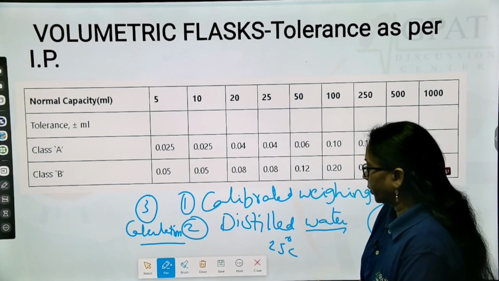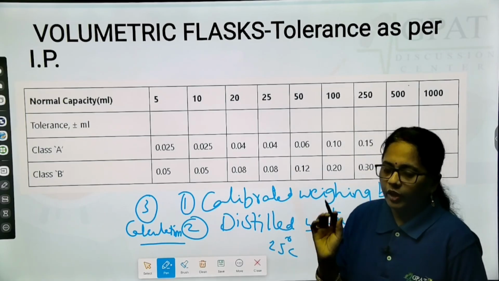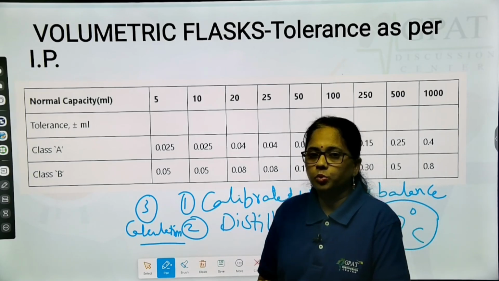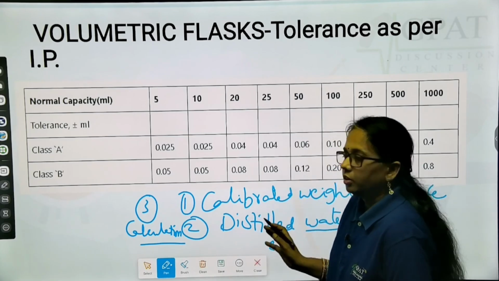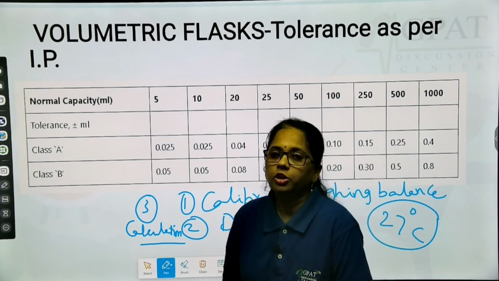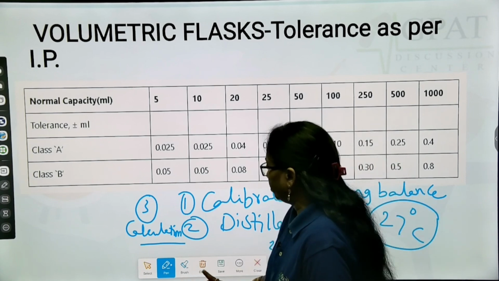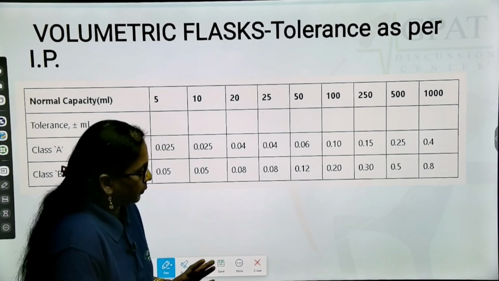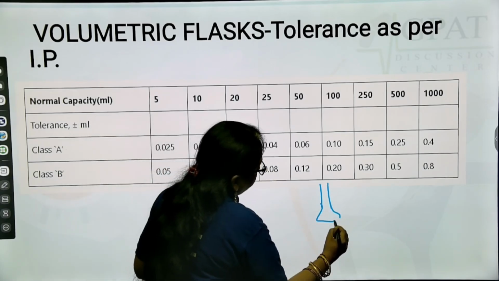Once you have the calibrated weighing balance, distilled water, and whatever glassware you want to calibrate, then by using a differential weighing method you are going to calibrate the glassware. For that, first of all weigh the empty glassware. Suppose you have taken a volumetric flask.